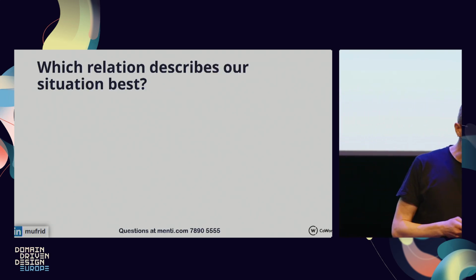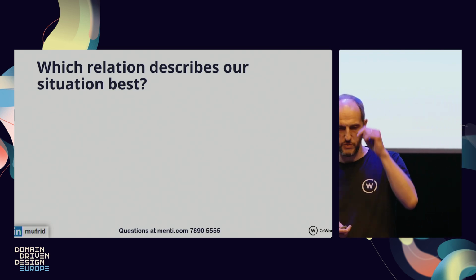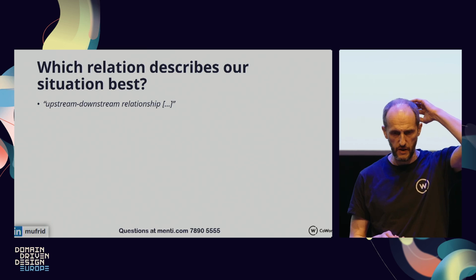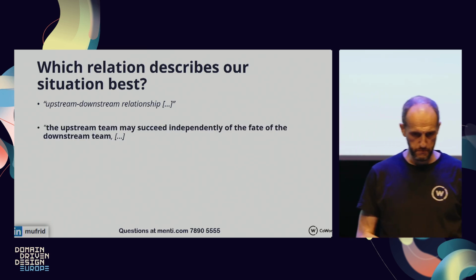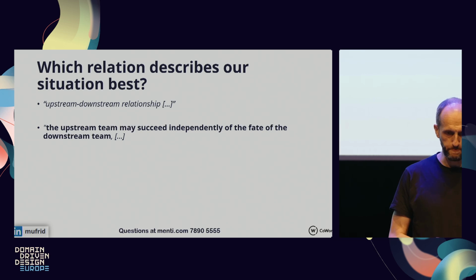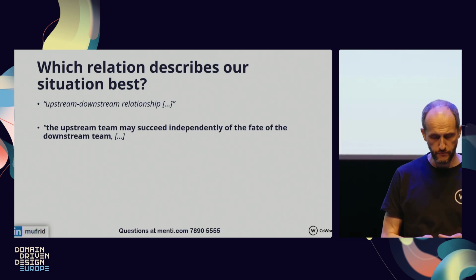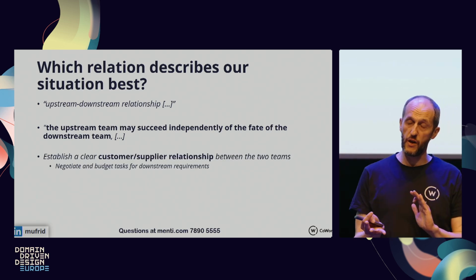So going back to the theory from Eric Evans, what was our relation between us and those 3 teams? What kind of upstream, downstream relationship? Are they totally ignorant of our needs? Or are we able to establish a customer-supplier relationship?